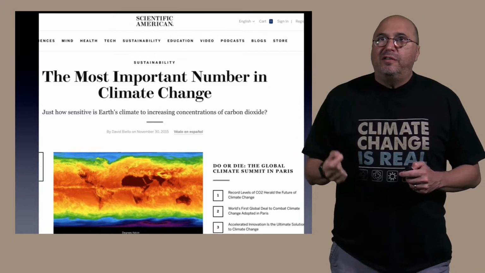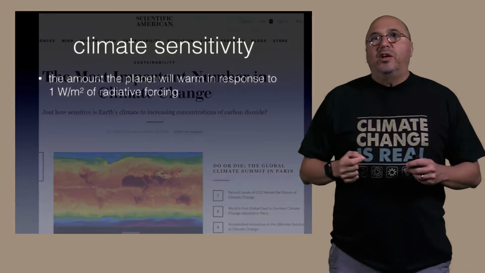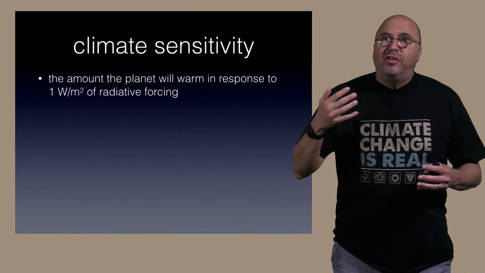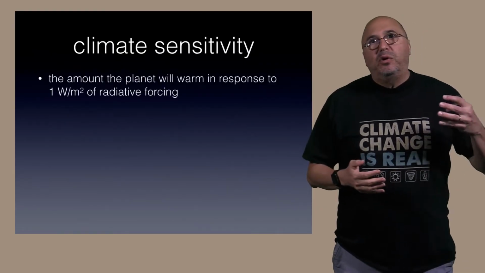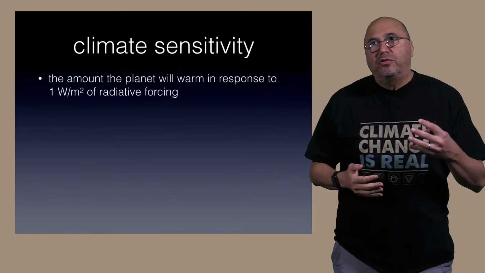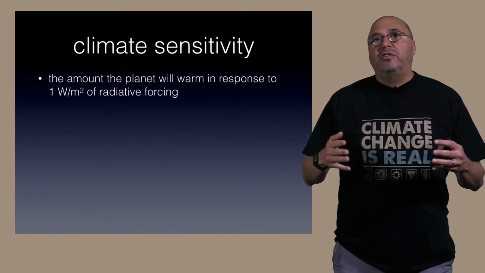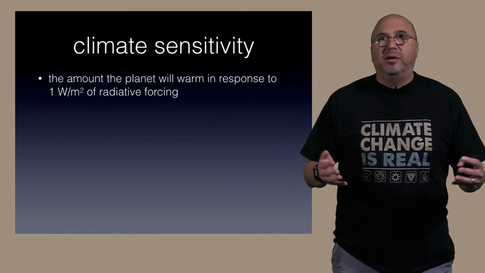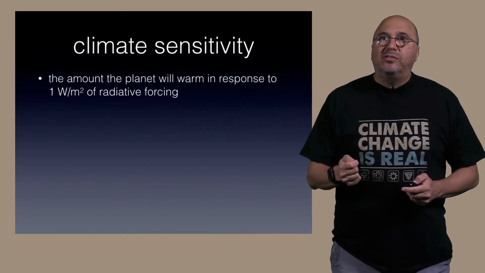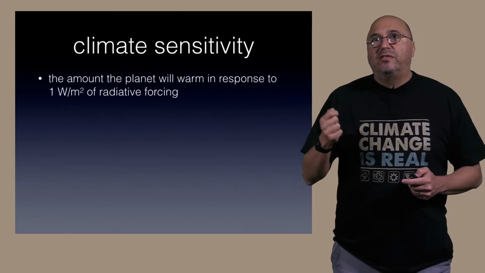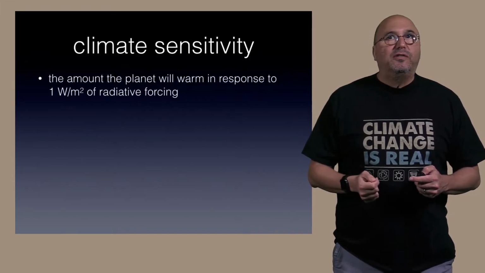There are different definitions of climate sensitivity, but one that we'll start with is that the climate sensitivity is the amount of warming you get if you apply 1 watt per square meter of radiative forcing to the planet, and then you let the system run to a new equilibrium. We can estimate this by starting with the zero-layer model using values of solar constant and albedo for the Earth.